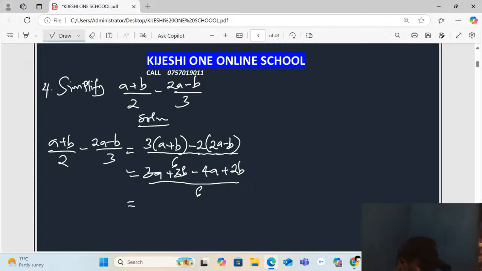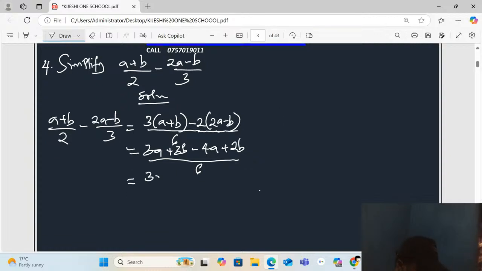So we collect the like terms together. There we shall have 3a minus 4a, then plus 3b plus 2b. That means 3a minus 4a, we shall have negative a, then plus 5b, divided by 6.